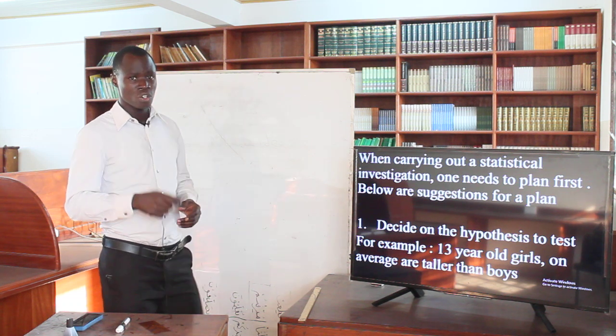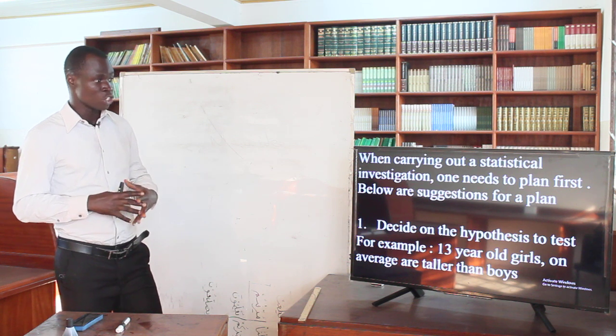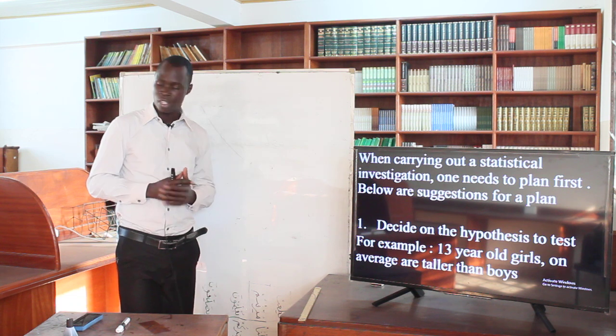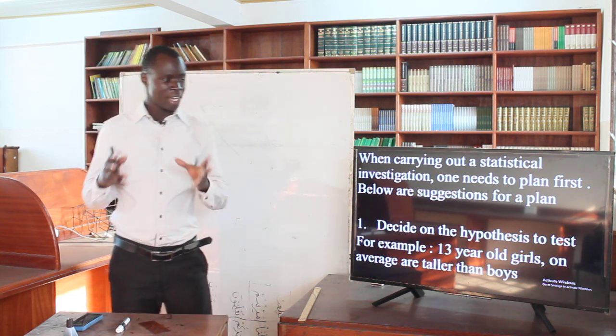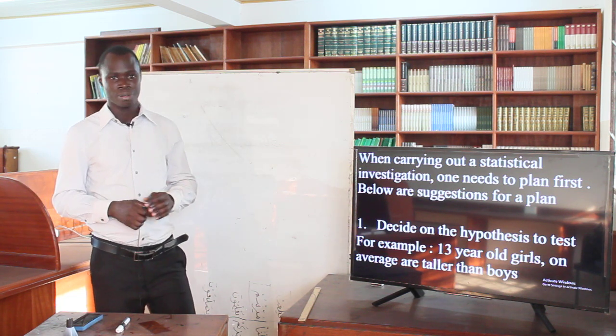Now, when carrying out a statistical investigation, one needs to plan first. Below is a suggestion for a plan. I'm going to give you six steps on how you can plan your statistical investigation.